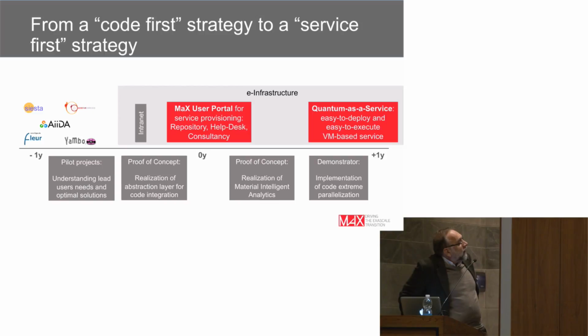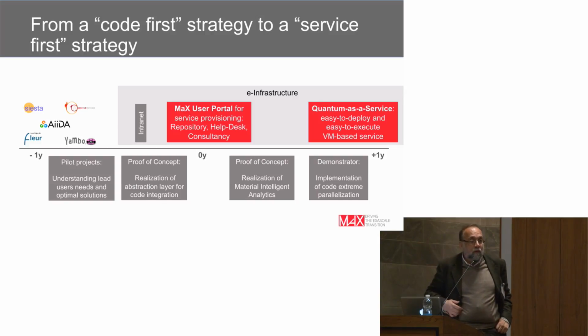And the other one is a realization of what we call materials intelligent analytics, driven by Professor Laio in Trieste, that does something similar to this community here. You have an enormous amount of data, and they in fact work in medicine and in social science.